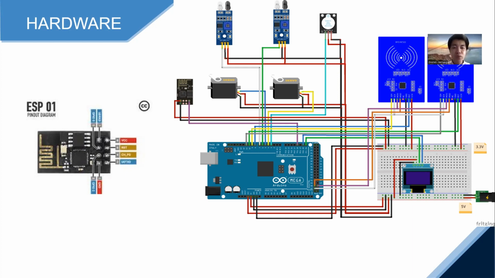So we use the ESP01 to burn the program that only uses the Wi-Fi module into this ESP8266. Such separation can reduce the workload of the Arduino board, and hence increase the execution efficiency. So this is the hardware configuration.